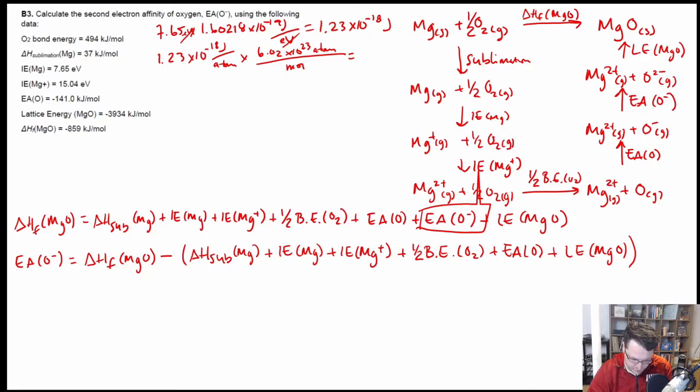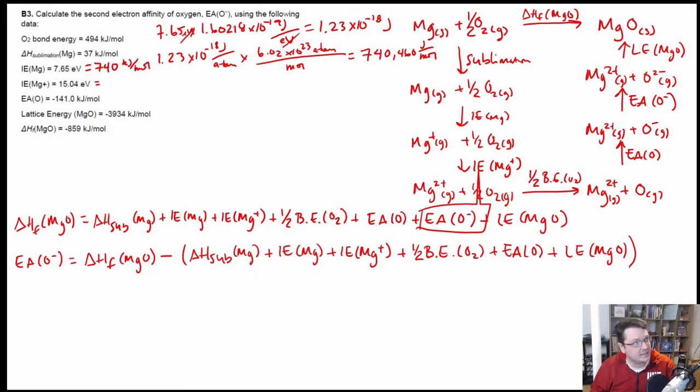And that comes out to 740,460 joules per mole, right? So we divide that by 1,000. And what we get is that the first ionization energy is equal to 740, well, we only need 3 sig figs, so it's just simply 740 kilojoules per mole.